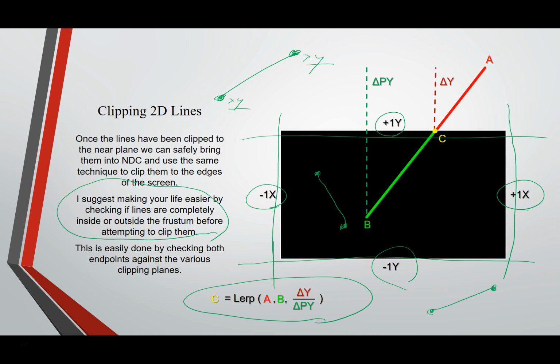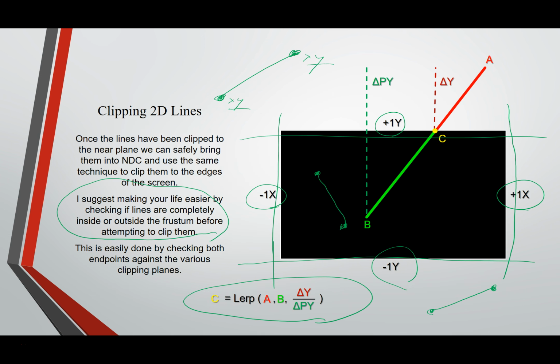Same is true for x's. If both of the x's are greater than +1, no way. If they're both less than -1, also no way. Those are quick ways to completely reject a line if there's no purpose in drawing it whatsoever. That's a fast, quick thing you can do before cutting your lines apart, just to make sure they have any purpose to be drawn in the first place.